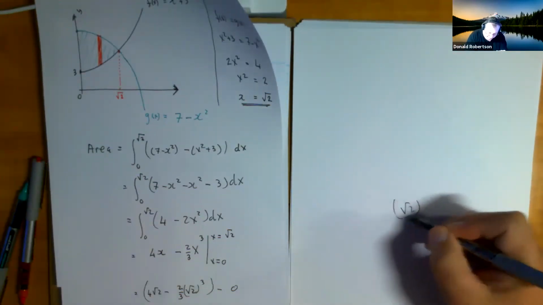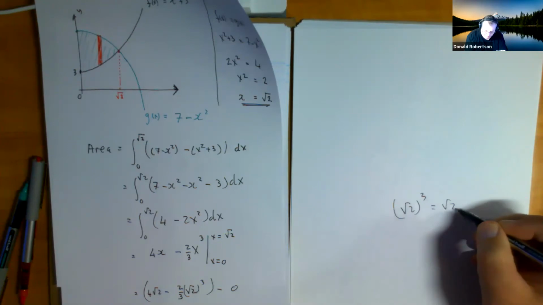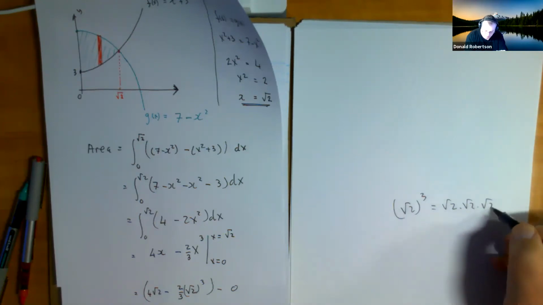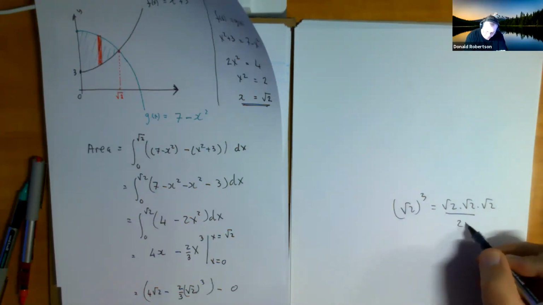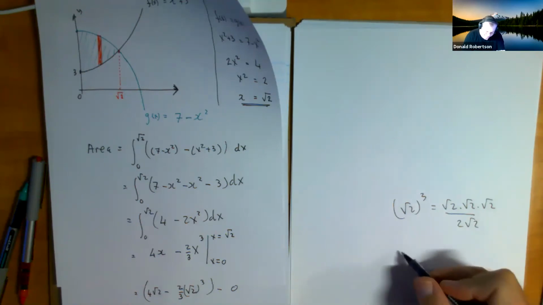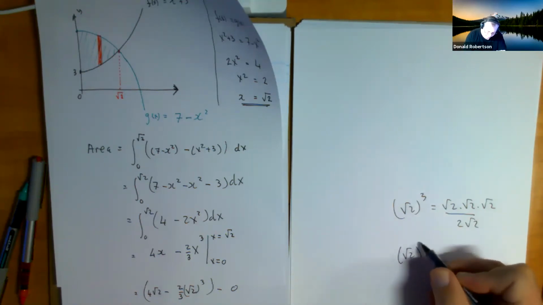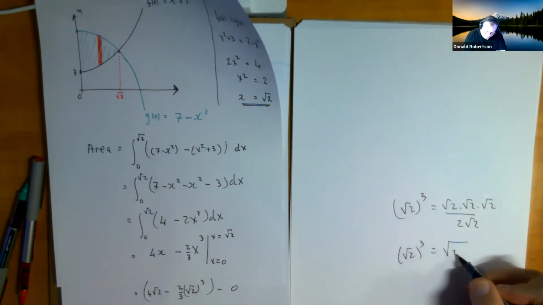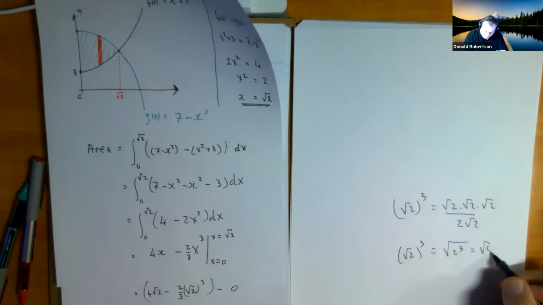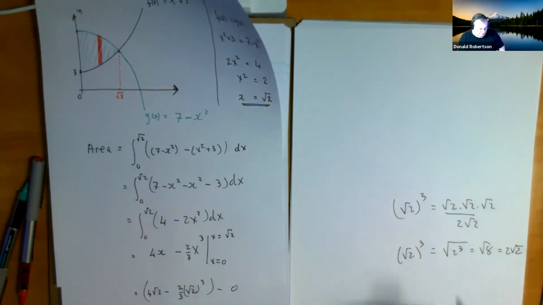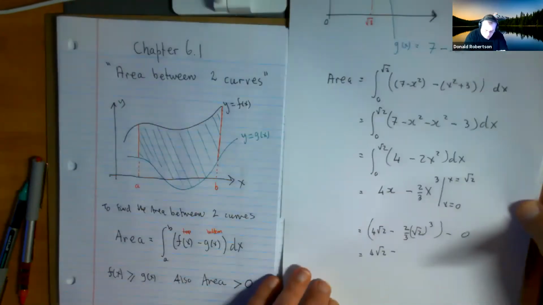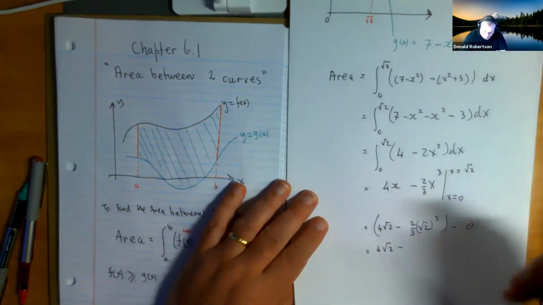You can think of the square root of 2 cubed as being the square root of 2, square root of 2, square root of 2. And if you look at it that way, you get that as your answer. You can also think of it as the square root of 2 cubed, which is the square root of 8, which also gets you that guy. Do you see? It doesn't matter. Some people see it one way, and some people see it the other way.